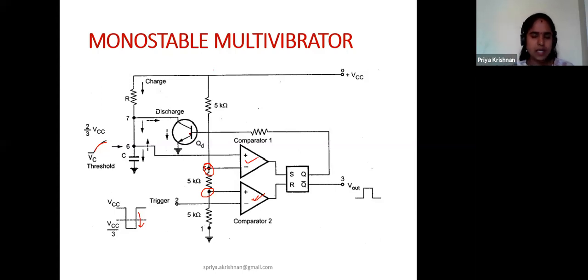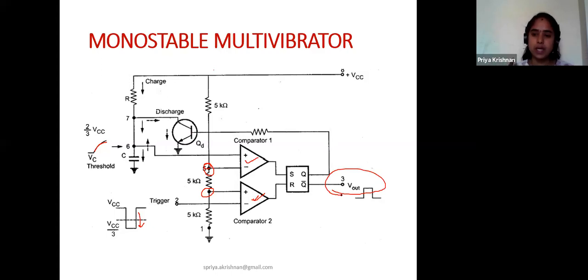So if you apply a trigger, our output is connected to Q bar. So if I apply a trigger, until the time my capacitor charges up to 2 by 3 VCC, only up to that time period do I receive an output pulse.